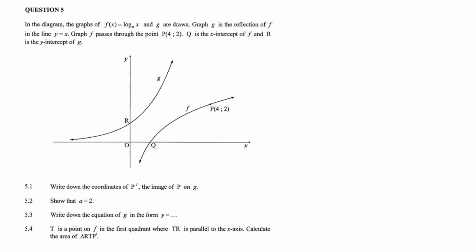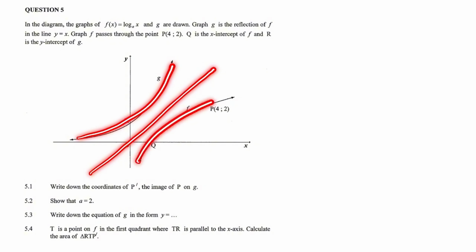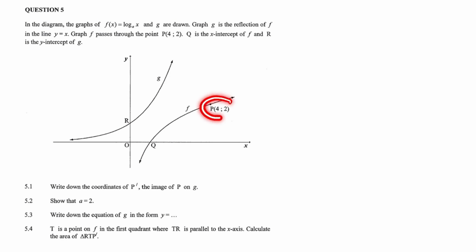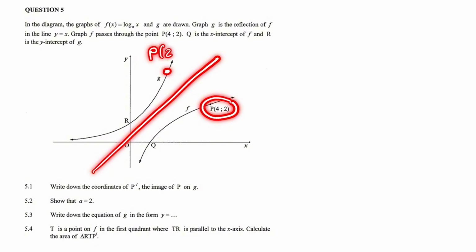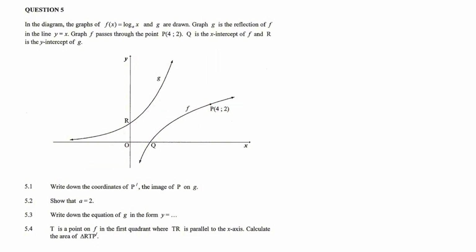Before we start this question, understand that g is a reflection of f through the line y equals x. So if I reflect this point over the line y equals x, it will be reflected as (2; 4).